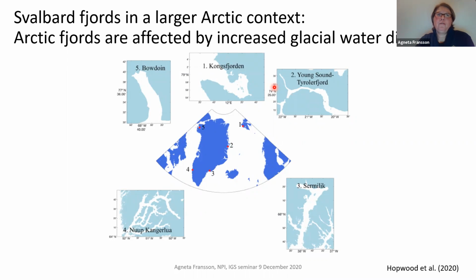So I will put Svalbard fjords in a larger Arctic context. There are several Arctic fjords affected by increased glacier water discharge, not only in Svalbard, but also in Greenland. We have several fjords that have this freshwater discharge, and this is from Hopwood and colleagues 2020.